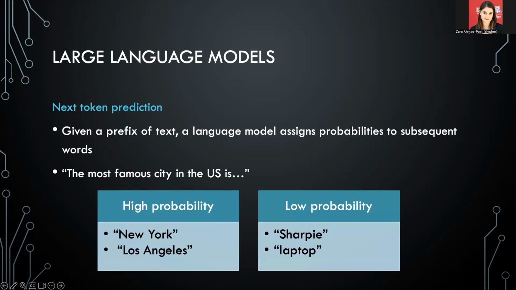If the prefix of a text is "the most famous city in the US is," and you train your language model correctly, New York and Los Angeles will have higher probability than, for example, Sharpie and laptop as the returned results. That's in a nutshell what large language models are designed to do. So we're going to talk about how we get there.